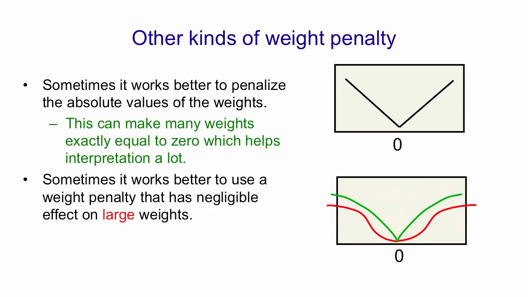We can also use weight penalties that are more extreme than L1, where the gradient of the cost function actually gets smaller when the weight gets really big. This allows the network to keep large weights without them being pulled towards 0. It's just the small weights that will get pulled towards 0. So we then are even more likely to get nets with a few large weights.